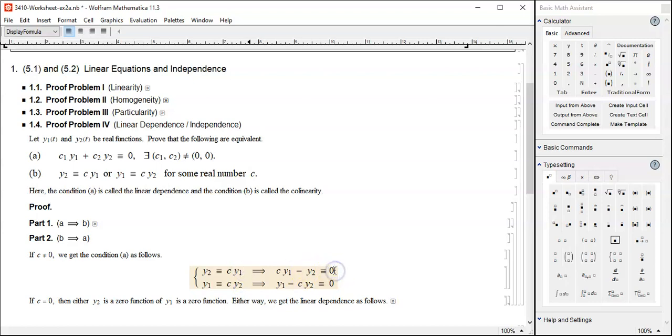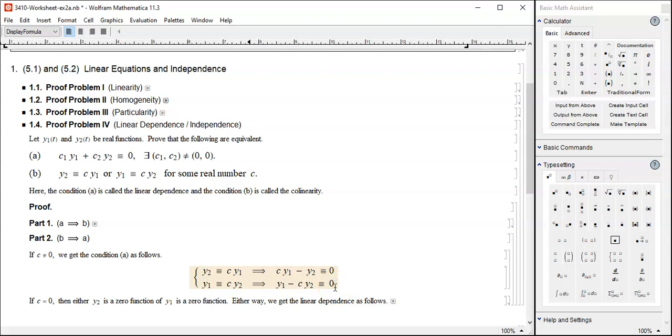You can rewrite as c y1 minus y2, and what do you have? It's in this form. And then the other case, pretty much the same thing. So in this case, neither c1 nor c2 is 0, so it's okay.